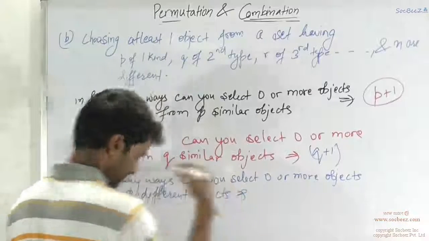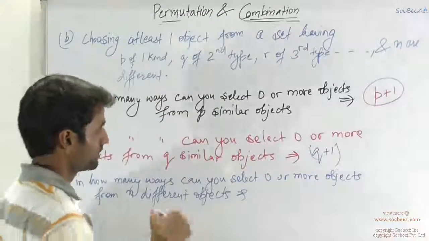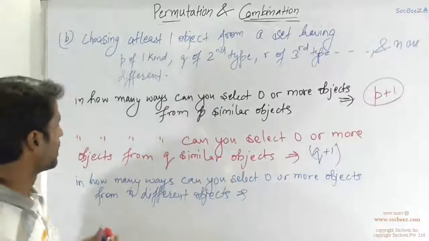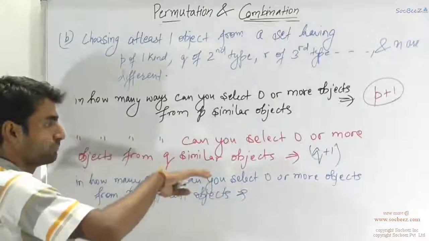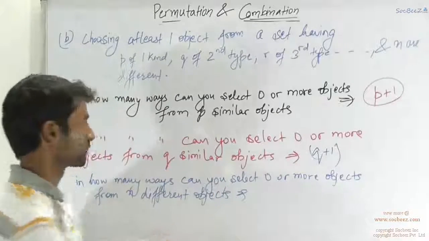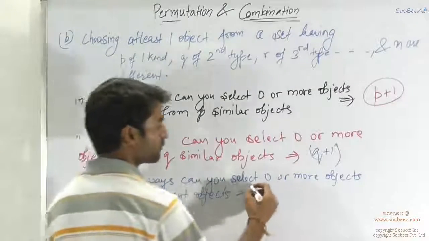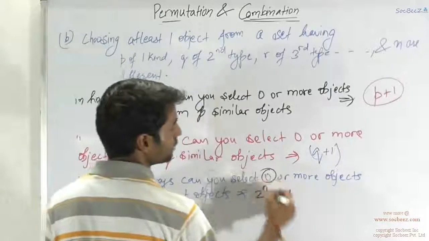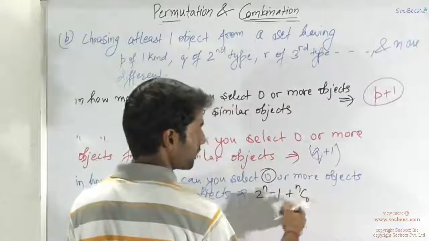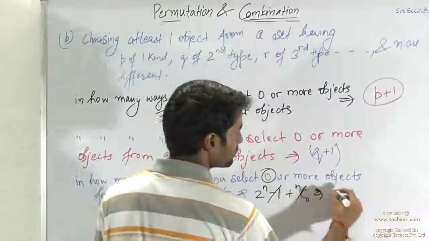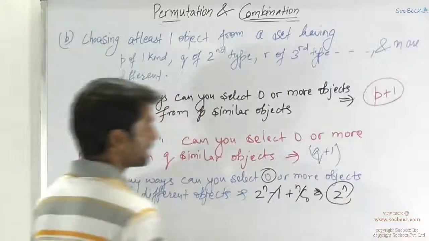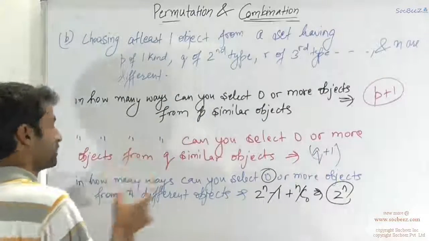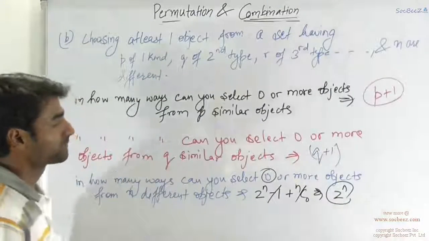As we did in the previous slide, selecting 1 or more objects from n different objects was 2 power n minus 1. You have to add just selecting 0 as well. That is nC0, which is equal to 1 only. So 1 and 1 would cancel out, giving 2 power n cases of selecting 0 or more objects from n different objects.